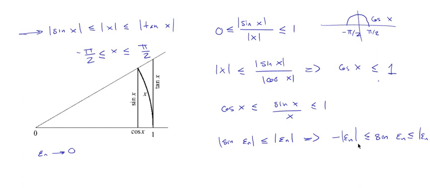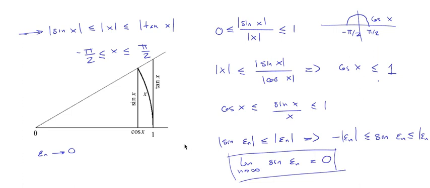Now if we take limits on both sides, the limit of this is 0, the limit of this is 0. So applying the sandwich theorem, the limit of the sine of epsilon sub n is 0, which is something we knew, because when the argument of sine gets closer to 0, the sine is also getting closer to 0, right?